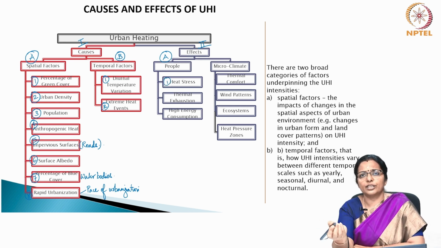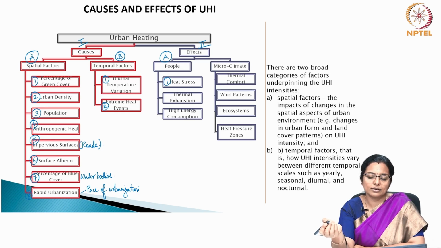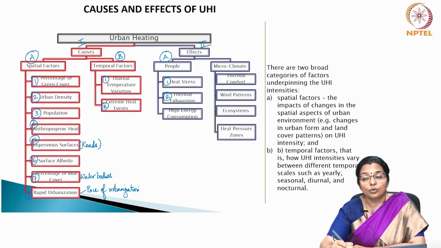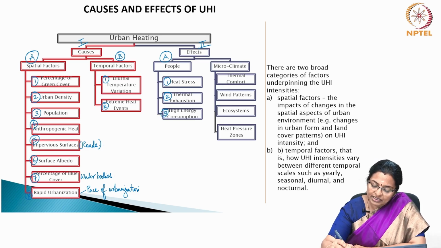You would have read recently also, a number of people have collapsed and died due to heat stress in India, and it's a record number in Rajasthan this year. Second is thermal exhaustion, and thermal exhaustion can lead to a lot of damage to the internal body parts. Third is high energy consumption by buildings in order to keep the indoors cool.